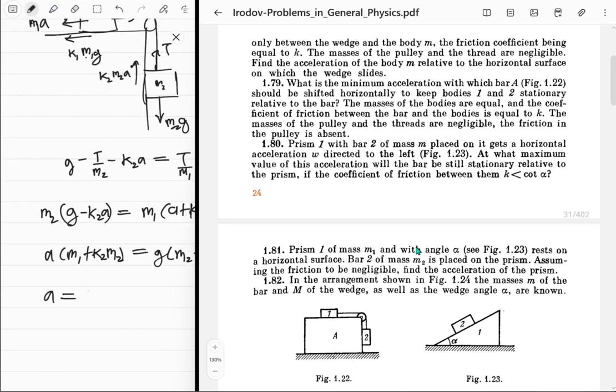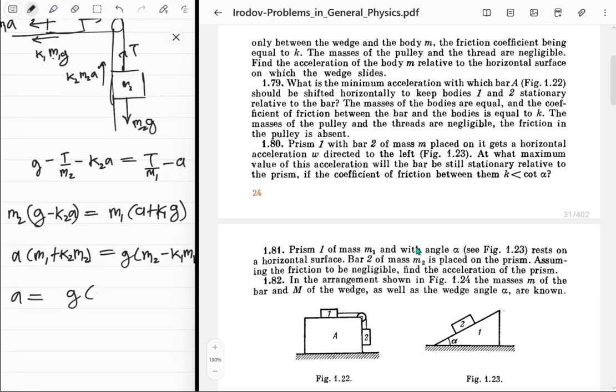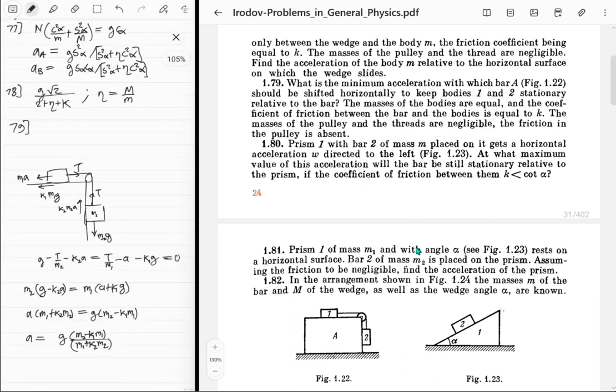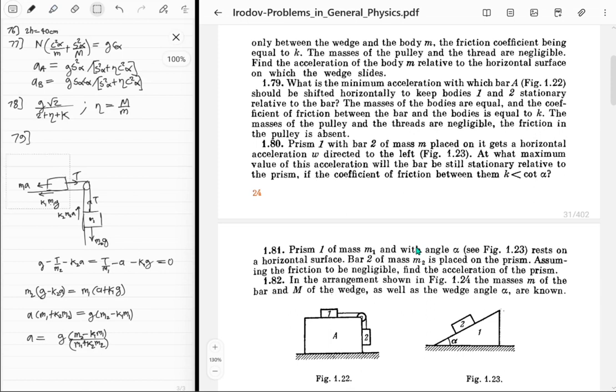So a is equal to... done. Oh, it should be m1, yeah, sorry, it's correct. Start differently. Cool. This is it, 79th, done.